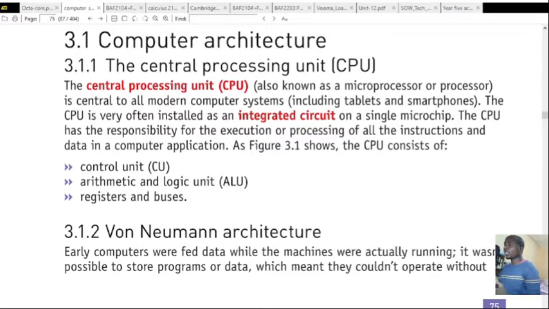Most commonly, in our learning processes as we learn about computers, we only know of the central processing unit consisting of the control unit, arithmetic logic unit, and memory.